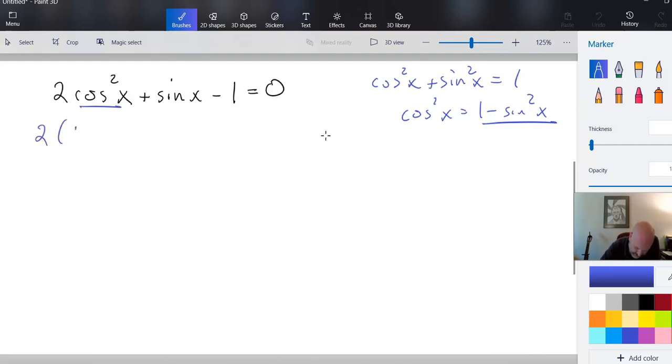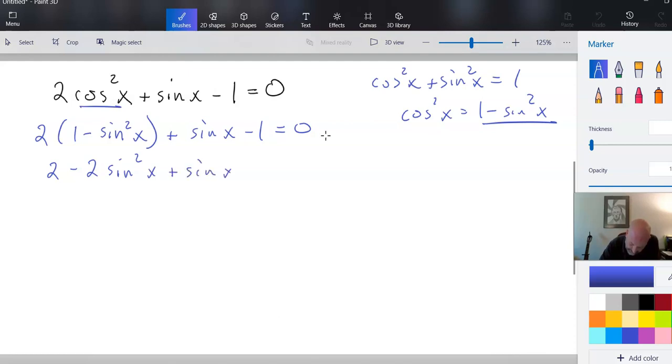2 times 1 minus sine squared x plus sine x minus 1 equals 0. Okay, so now let's go ahead and distribute this 2. So we end up with 2 minus 2 sine squared x plus sine x minus 1 equals 0.